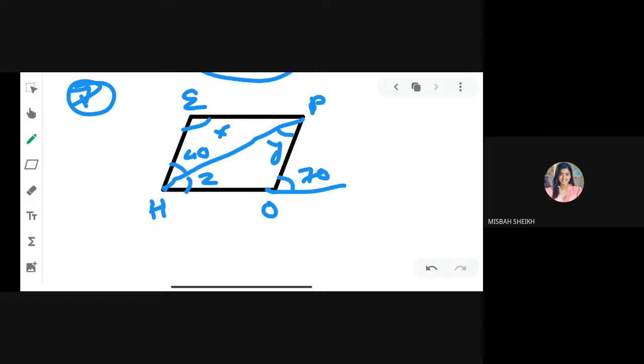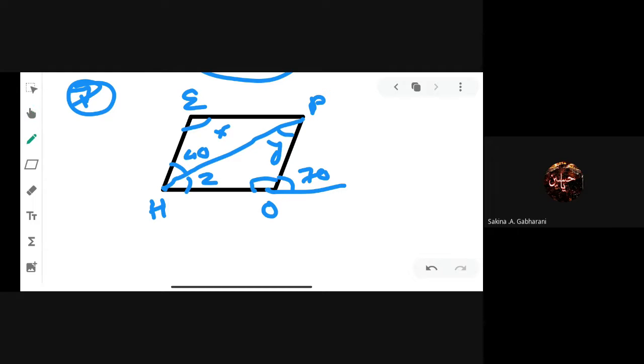First of all, you can see the 70 degrees given here. 70 degrees is an exterior angle, right? So what is the interior angle of 70 degrees? 110 degrees. Why? Because interior plus exterior is equal to 180 degrees. Yes or no? Yes, sir.